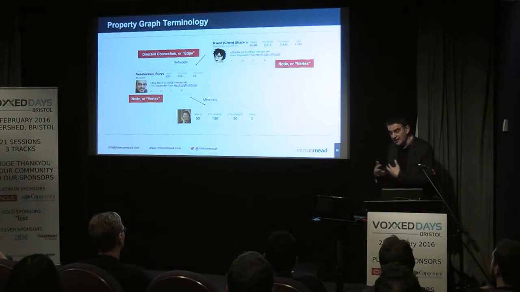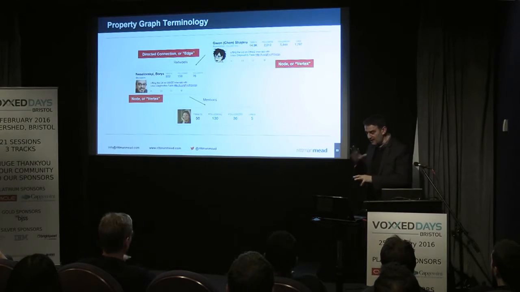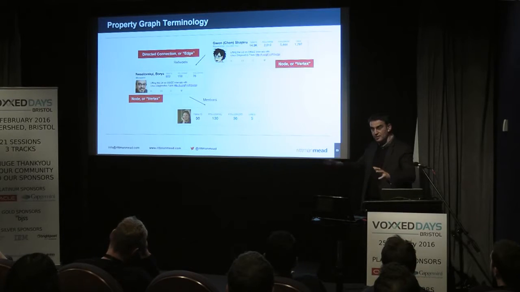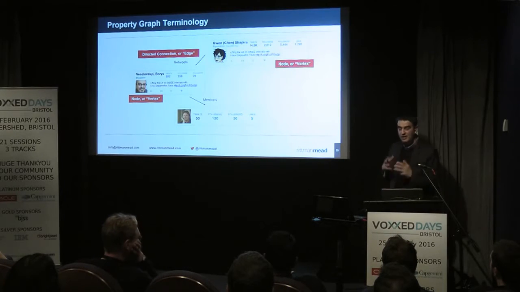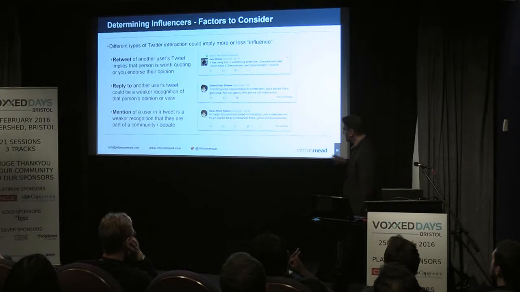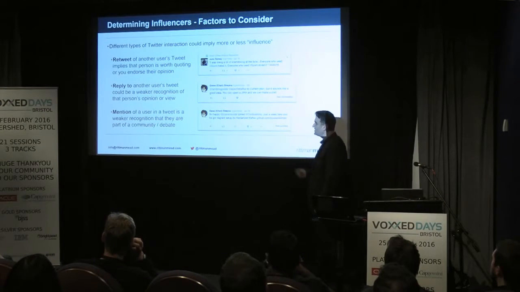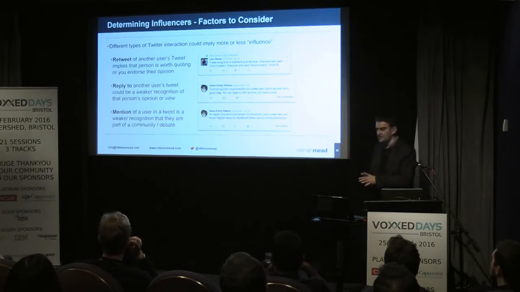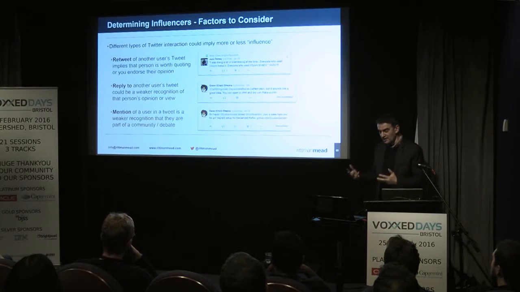And so the Twitter data coming into us, we can use it to count things like how many people have tweeted about something, but we can also use the network of mentions and retweets and replies and all this kind of stuff to infer the network of people that talk about us. And again, this is a bit of a diversion, but if you're looking at endorsements, then different types of Twitter activity might imply different types of things.